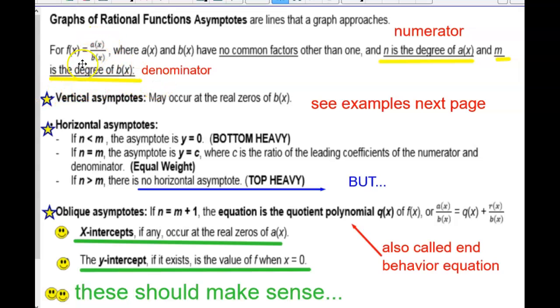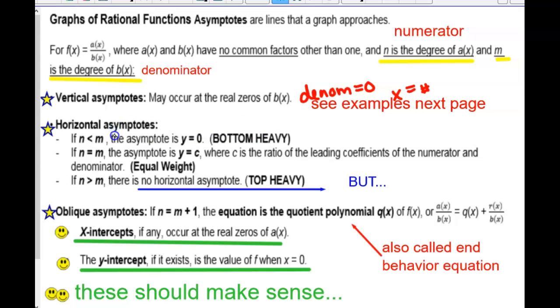So we have the degree of the top and the degree of the bottom, and that's going to determine our horizontal end behaviors. The vertical asymptotes will occur whenever you have zeros of the denominator, okay? So we set the denominator equal to 0, and we get vertical asymptotes will be x equals some number.